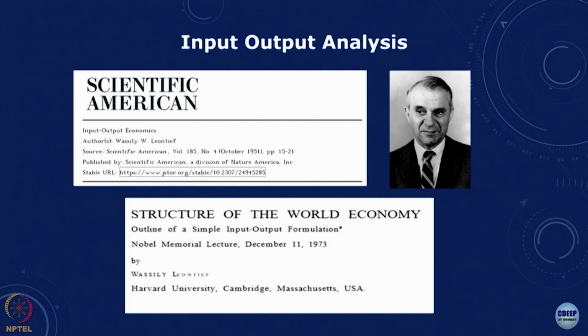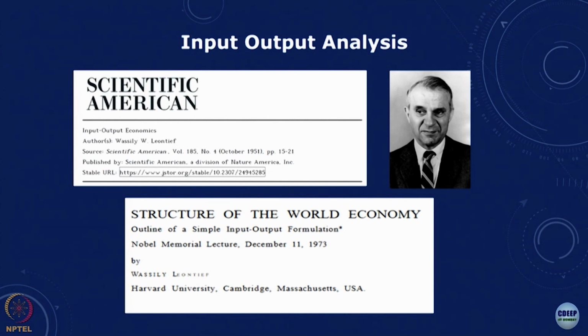And this was done, there's a paper in Scientific American, it is available in the public domain, and you can take a look at it. This will give you an idea of exactly how the original work was done, where he talked about the inter-industry flows.